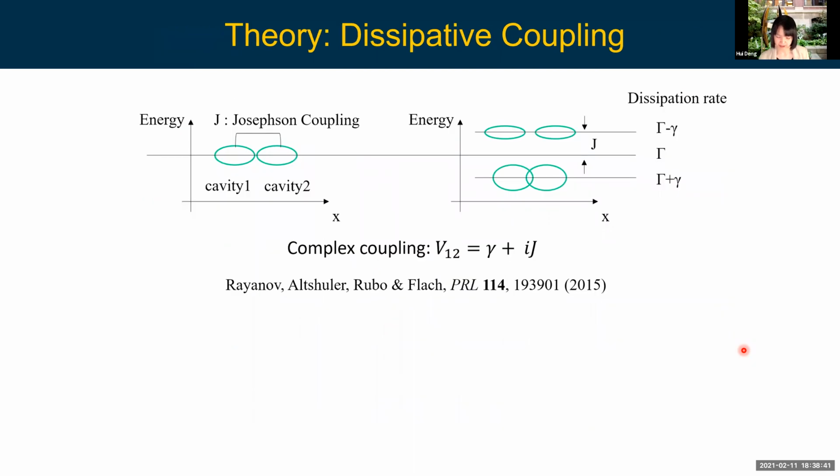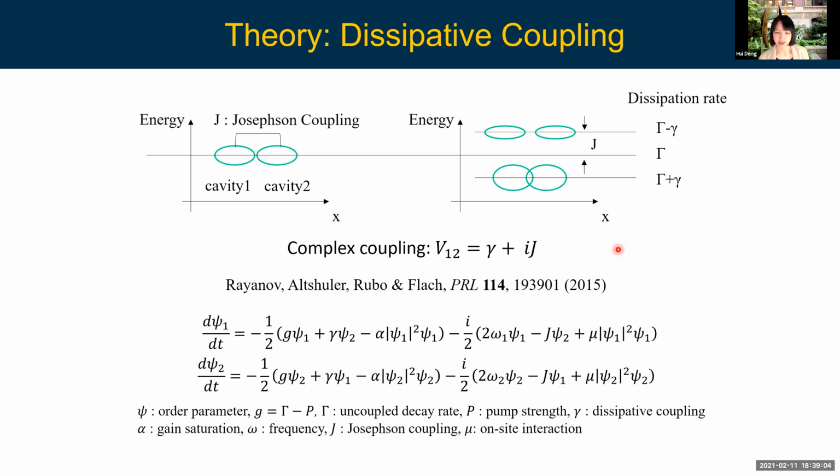So the intuitive way to see what leads to that, different from simple Josephson coupling, is that we not only have a coherent coupling between them, but also in such a cavity system, we have dissipation, or an imaginary part in our coupling. So we get a complex coupling instead of a pure real coupling.